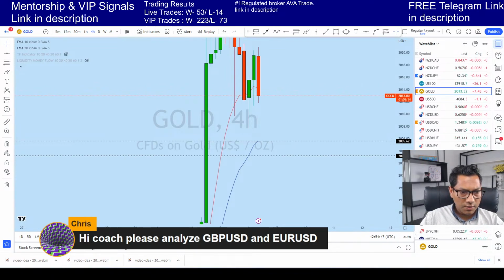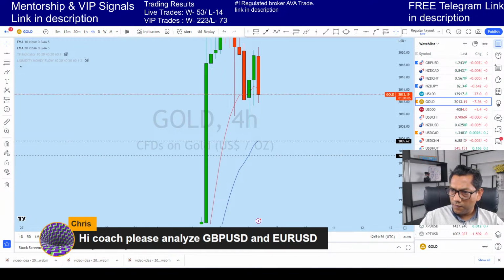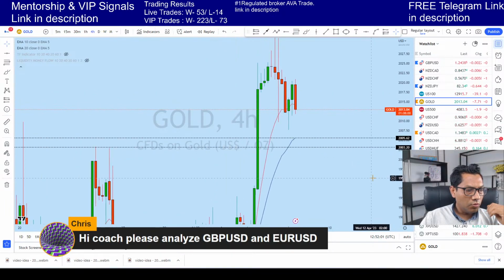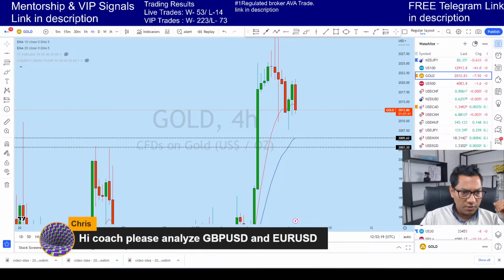US oil. We might see movement on gold, but let me see the US oil in the meantime. We'll come back to gold again. Where's WTI?